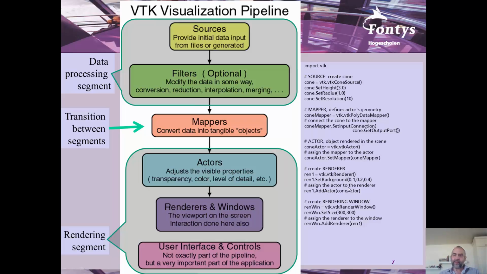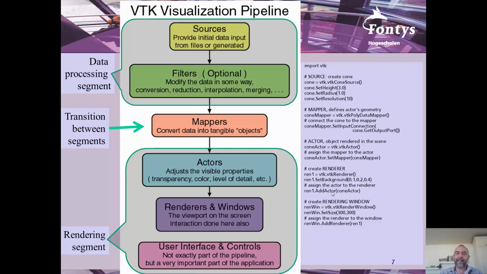Next stage is the renderer, so we define a VTK renderer object. We can set different properties or features of this renderer, like the background color set here. And we can show different actors in the same renderer.